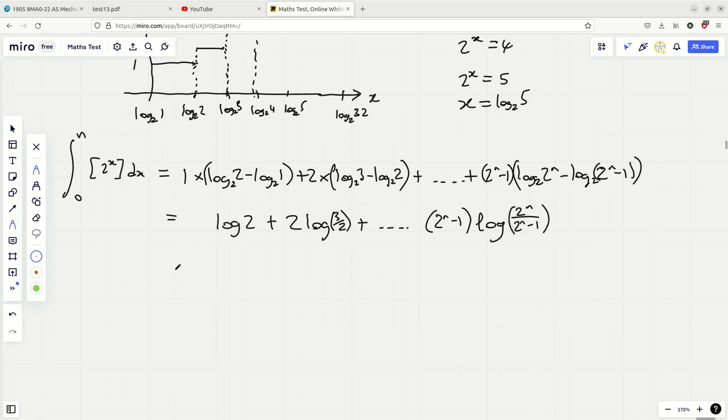Cool. Now, why does this get quite nice? Well, let's just write it as a single logarithm now.